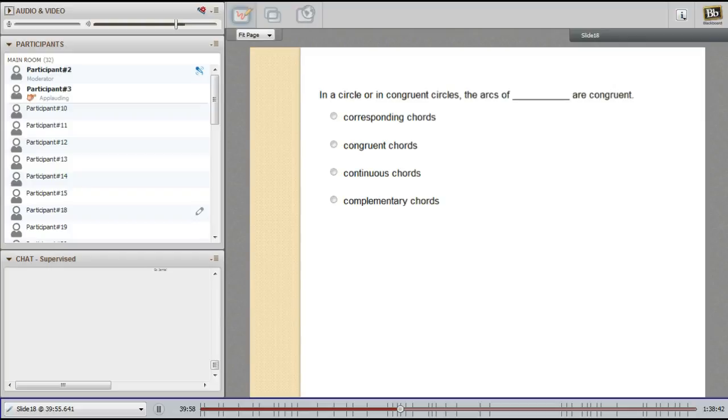Okay, in a circle or in congruent circles, the arcs of blank are congruent. Yes, Aisha, then the lengths would also be congruent. That's correct. So if the degree measurements are, those chords are, then the arc length would also be congruent.